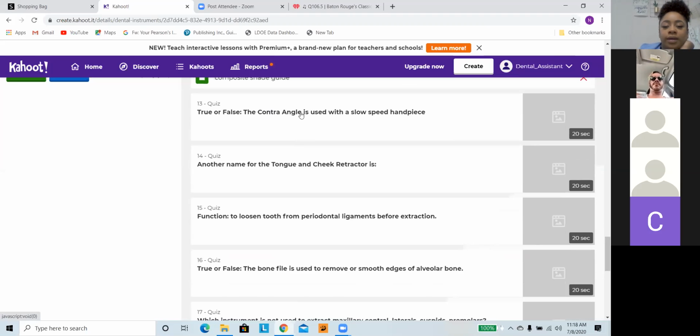Okay, so the contra angle is used with a slow speed hand piece. This angle is used with a slow speed hand piece. True or false? I don't know what that is. Gabby is raising her hand. Where are you, Gabby?